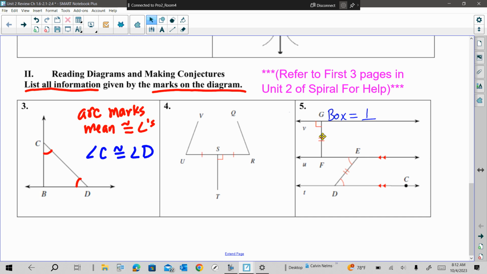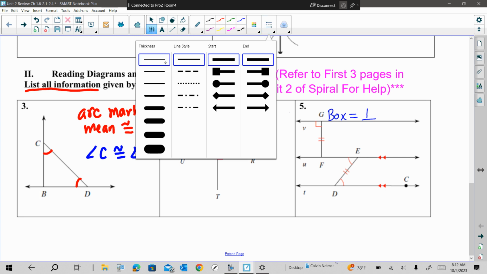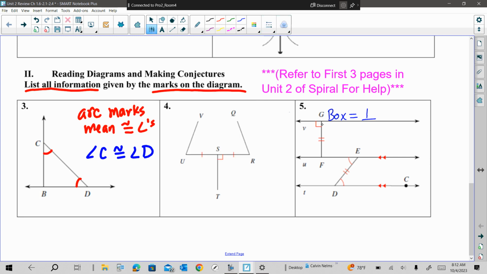So I can say that this segment GF, where that box is, is perpendicular to the horizontal line. That line is right here, Z. So it's perpendicular to line V.